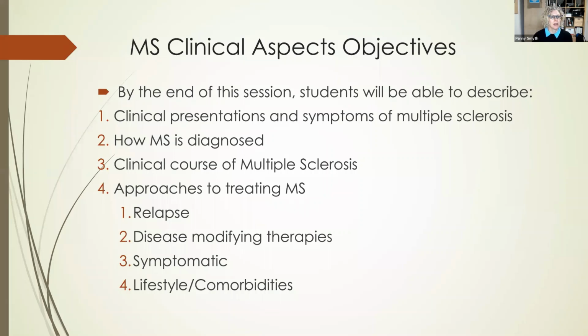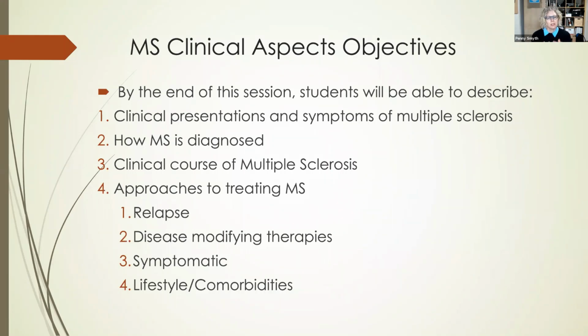So my goal for us this morning is that by the end of this session students will be able to describe clinical presentations and symptoms of MS. I'm going to go over how MS is diagnosed and the red flags that steer us as clinicians towards MS versus something else.